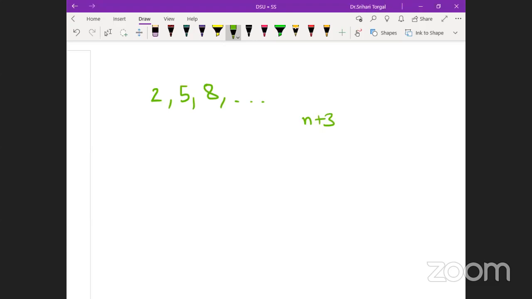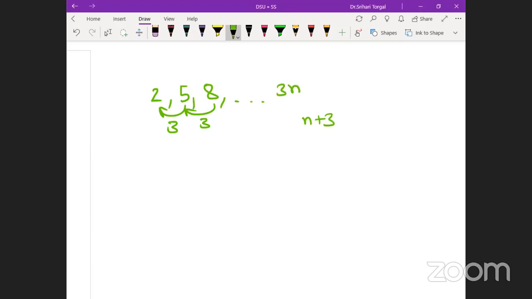I'll tell you how to write it directly. It is a very easy chapter, okay? Now, what is the difference here? 5 and 2, it is 3, right? 8 and 5, it is 3, right? If you see that common difference, it is 100% clear that it is an AP.